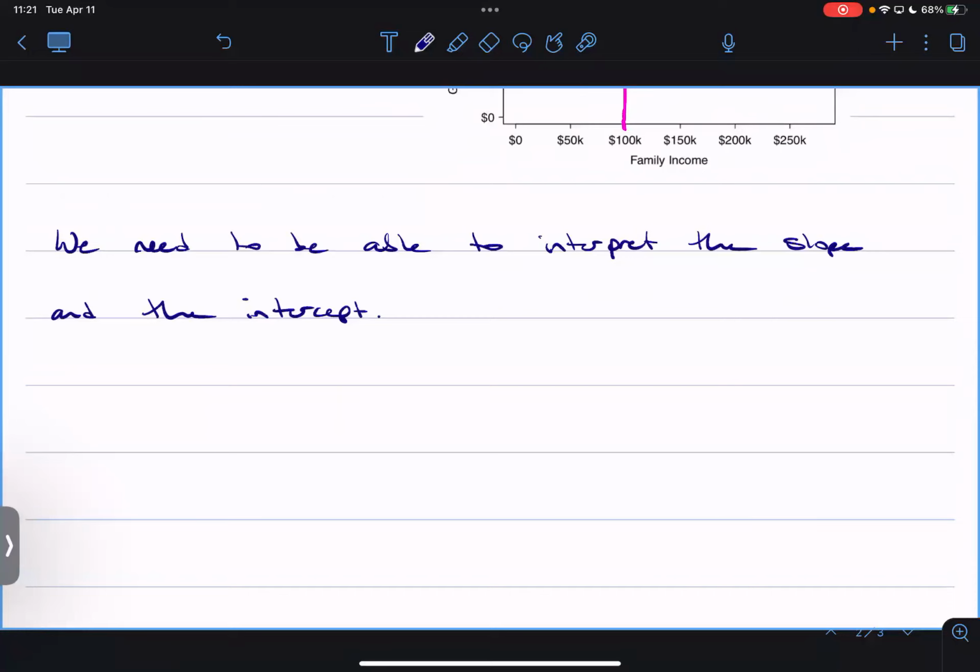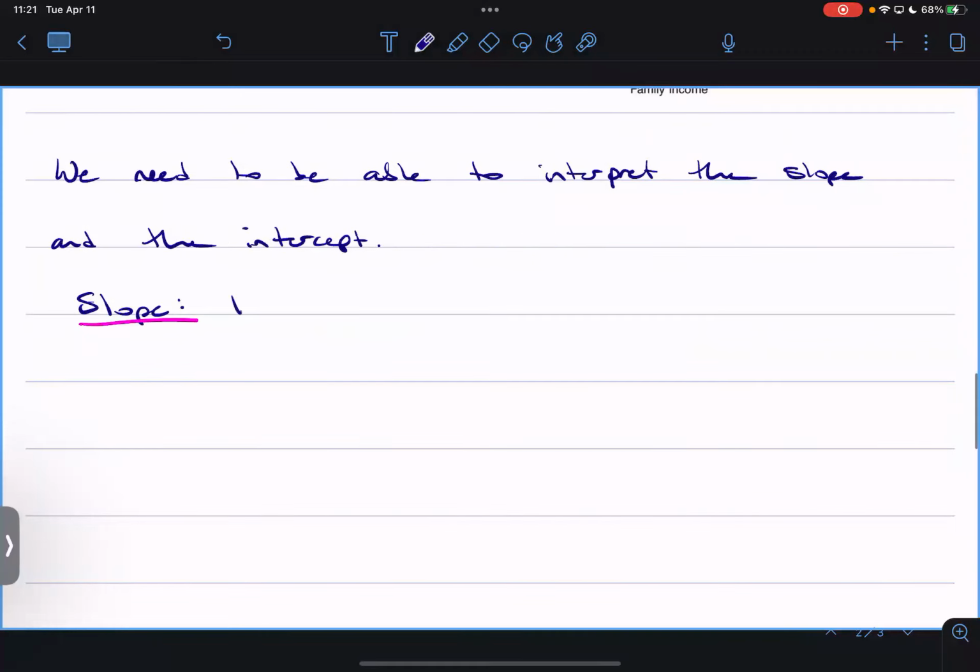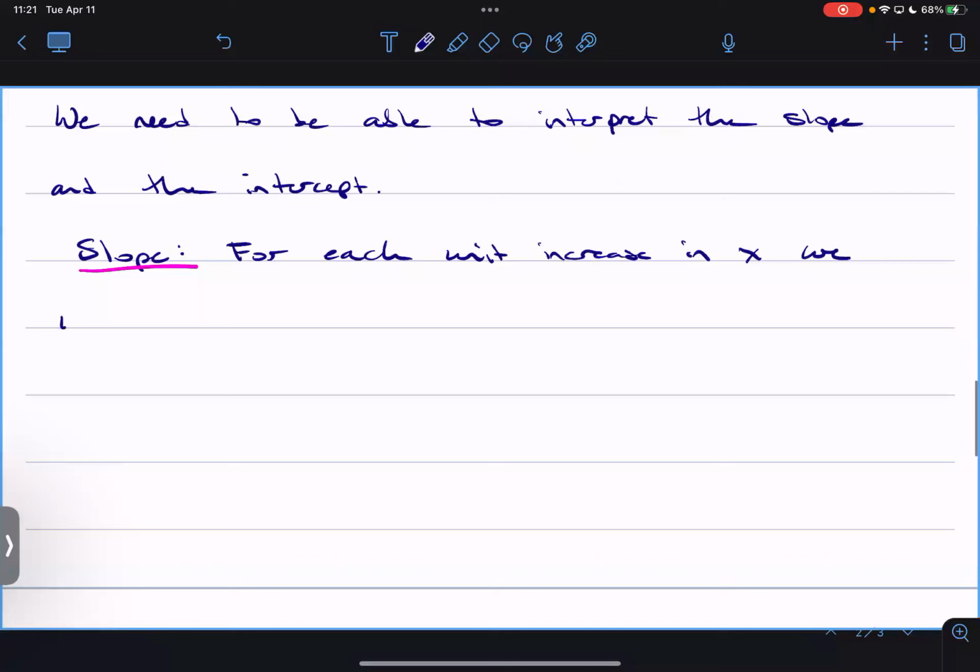Okay, but let's start with the slope. The general interpretation of the slope is this. It's one of those things that I make you memorize, and eventually, once you've memorized it enough, it'll just roll off your tongue. For each unit increase in X, we will see a slope increase.